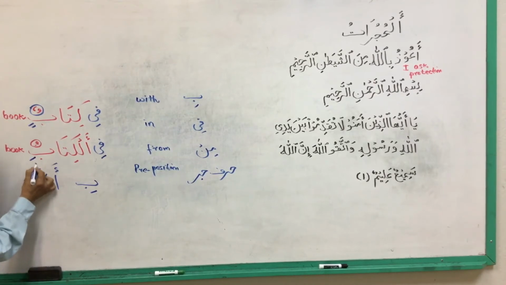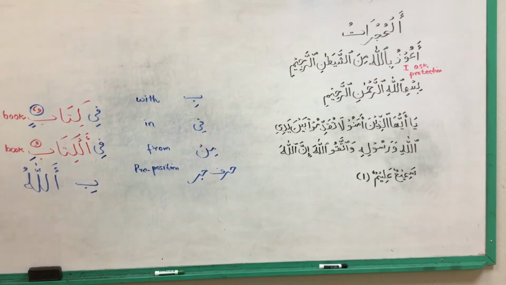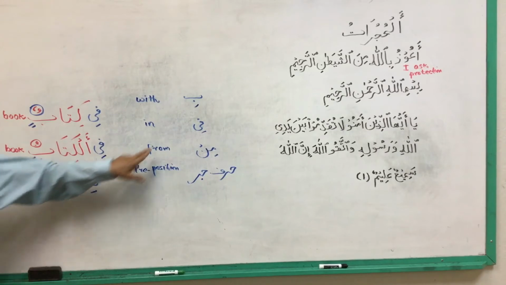The harf-jar, preposition be, and Allahu. Be means with, and the full word is Allahu. Be is a harf-jar.